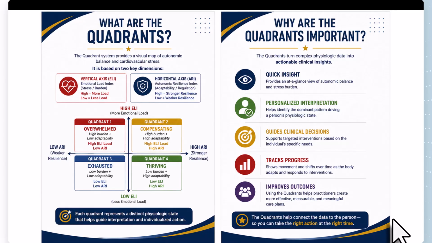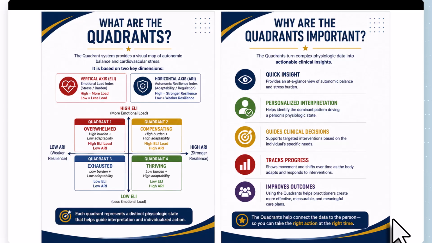The next area that we think is important is the quadrants. The quadrant system provides a visual map of the autonomic balance and cardiovascular stress. It is based on two key dimensions: the emotional load index and the ARI, which is the autonomic resilience index.